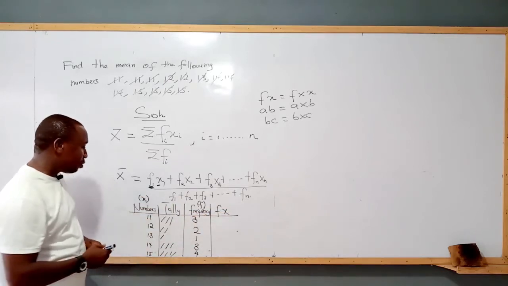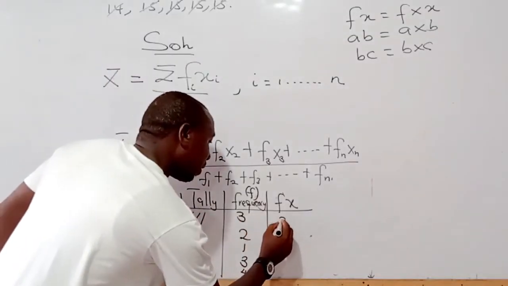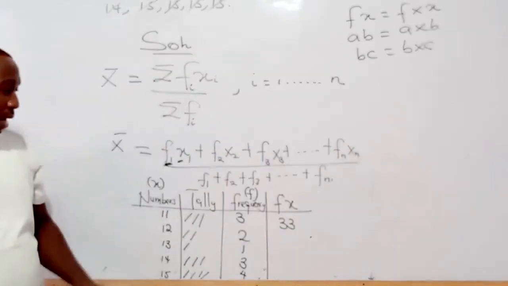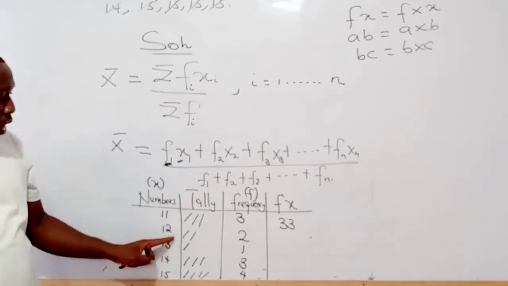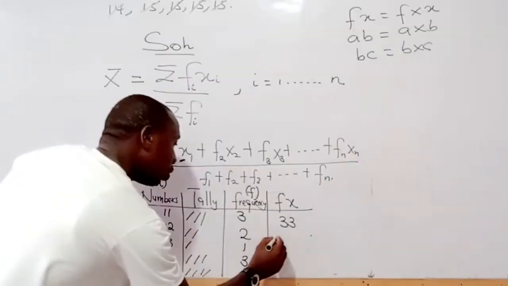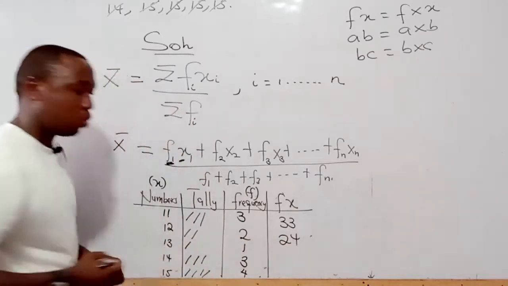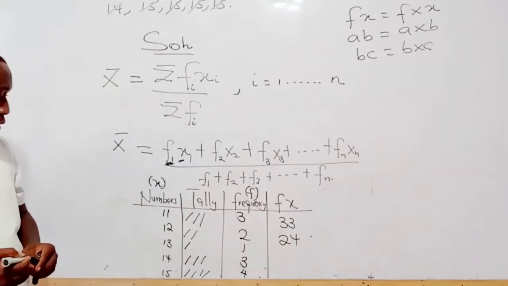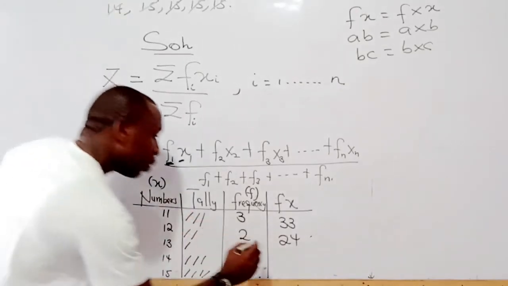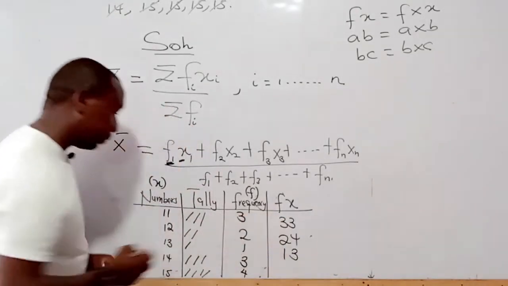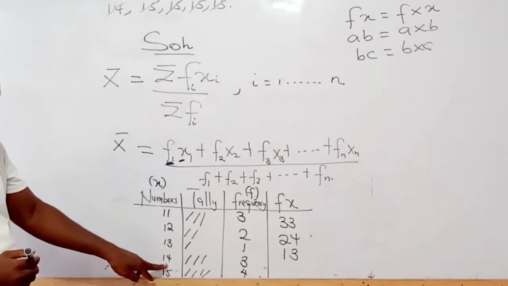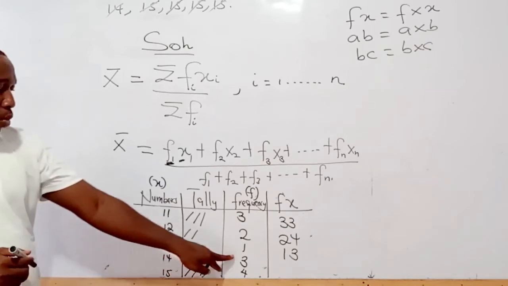11 times 3 will give us 33. And then 12 times 2 will give us 24. 13 times 1 will give us 13. And then here, 14 multiplied by 3.